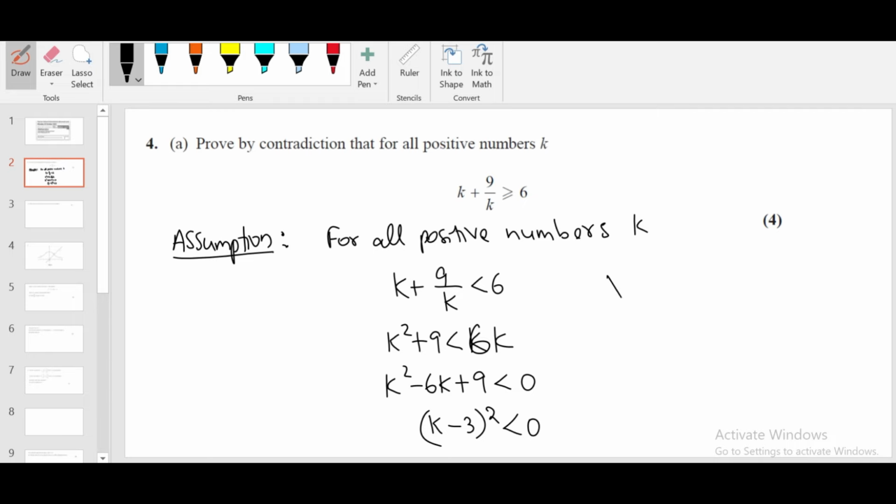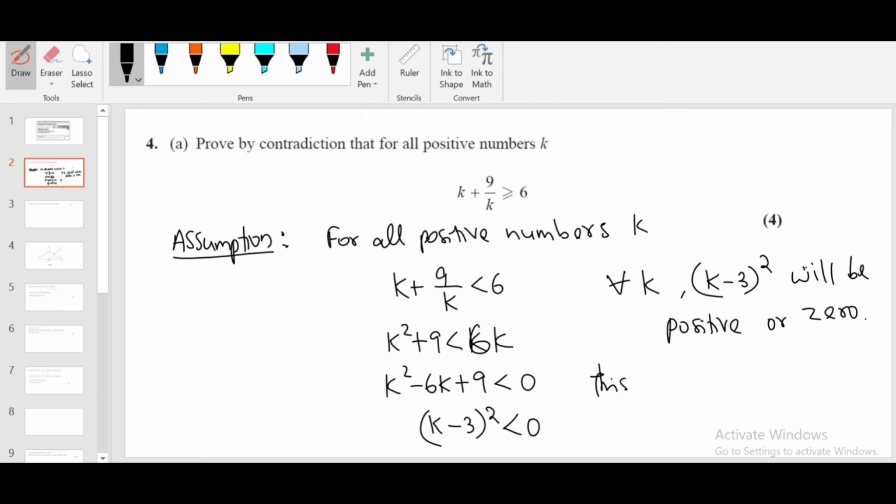But for all values of k, k minus 3 whole squared will be positive or 0. If k is 3, it will be 0, but it will never be a negative number. So you need to write the conclusion now.